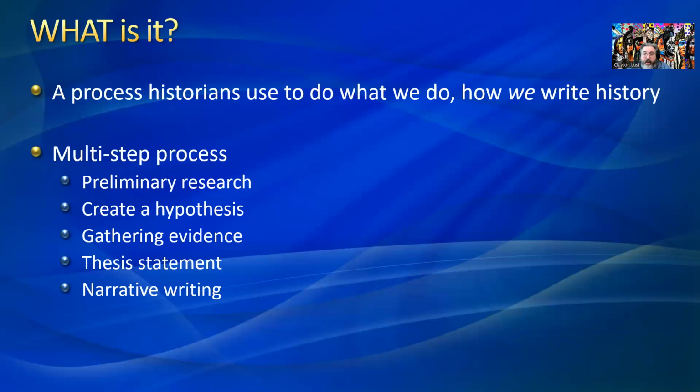And another historian could come along, read your work and go, well, I don't agree with that, and go through the same methodology, even look at the same documents sometimes, and say, I see it a whole different way. And that is okay. There is absolutely nothing wrong with that.